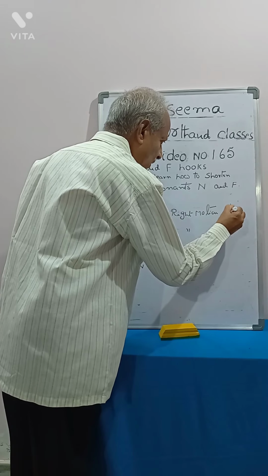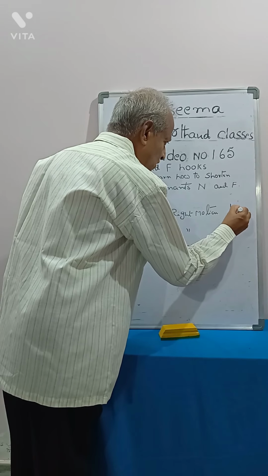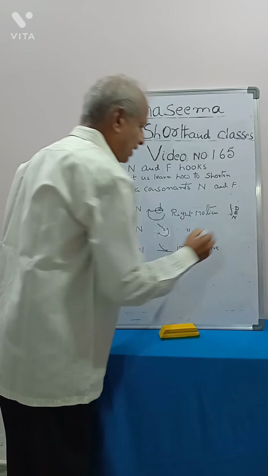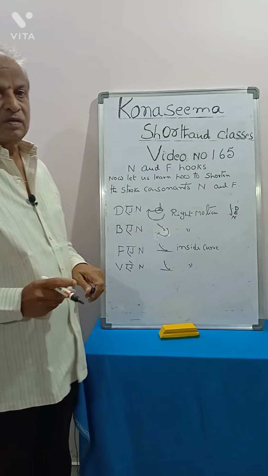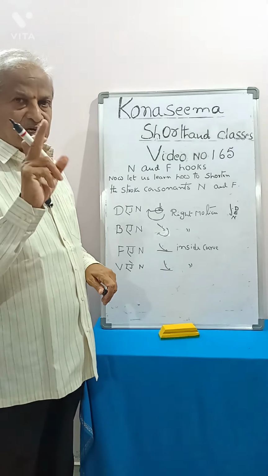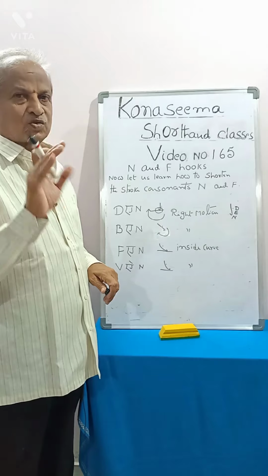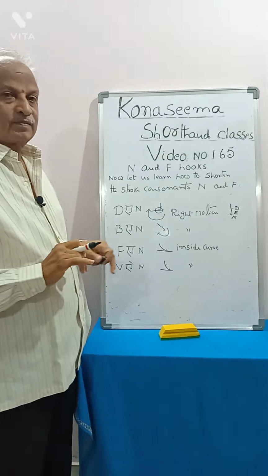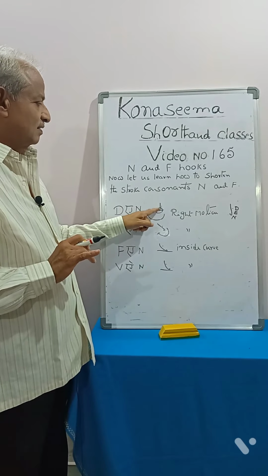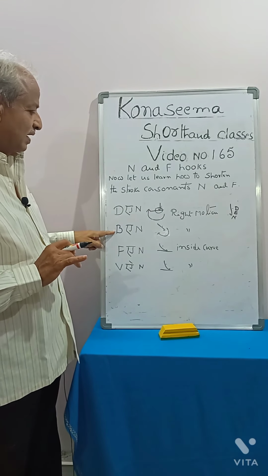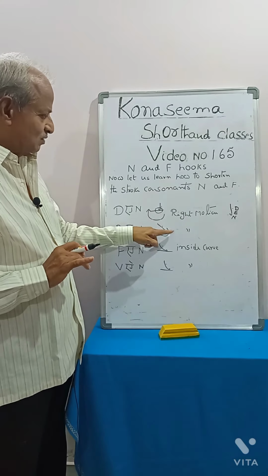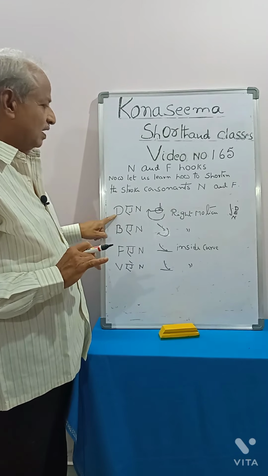D, this is D, this is N, done. If we write a final hook, a small hook, finally to the straight stroke with right motion, it indicates the sound of N. Like that, Ben, B, N hook with right motion, Ben.